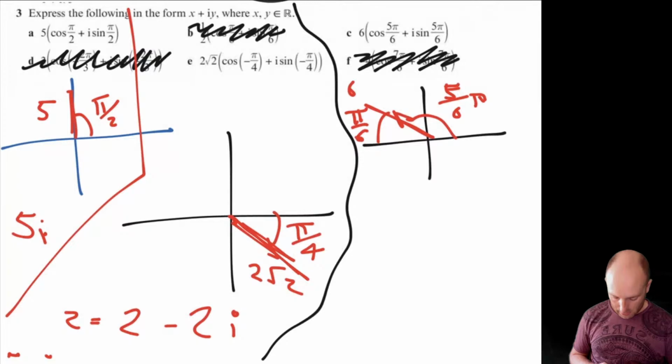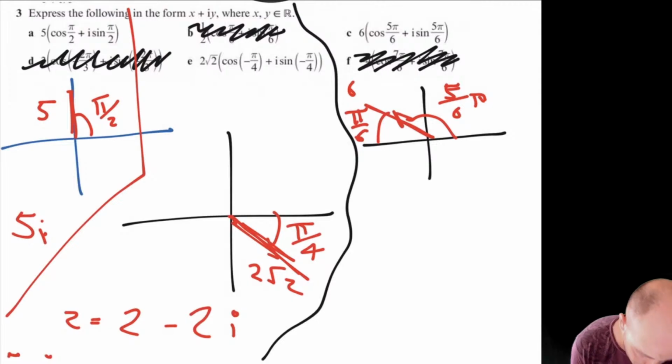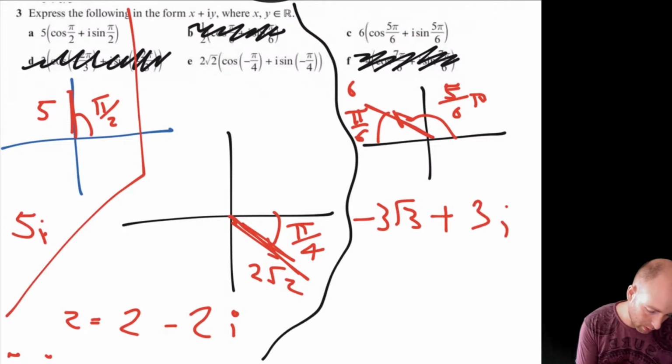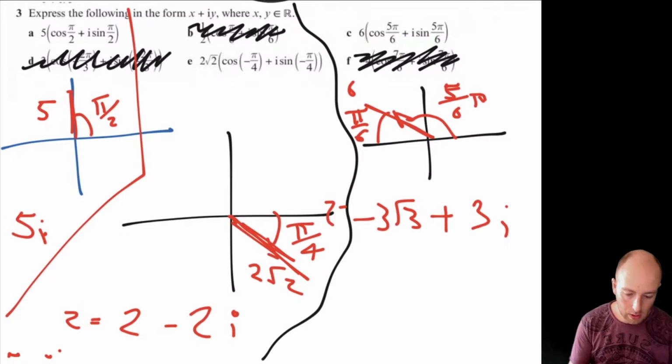I'm going to do 6 times cos of pi by 6, and I get 3 root 3. So I know my real bit is going to be minus 3 root 3. The imaginary bit's positive, pointing up, so we're going to get 6 sine pi by 6. This gives me 3, so plus 3i. So those should be my answers there.